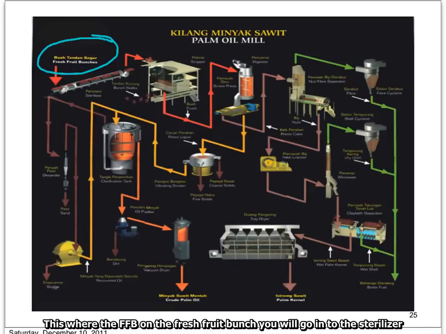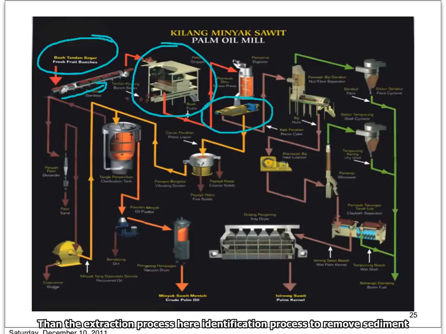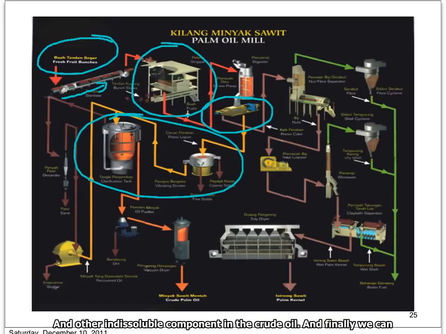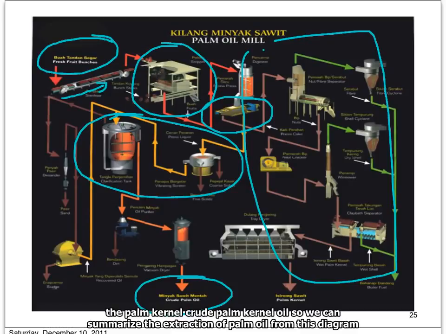This is where the FFB, or the fresh fruit bunch, will go in through the sterilizer, then the stripping process to remove the fruitlets from the fruit bunch, then the extraction process here, the clarification process to remove the sediments and other undesirable components in the crude oil, and finally we get the crude palm oil. And on this part here, this is the process to produce the crude palm kernel oil.